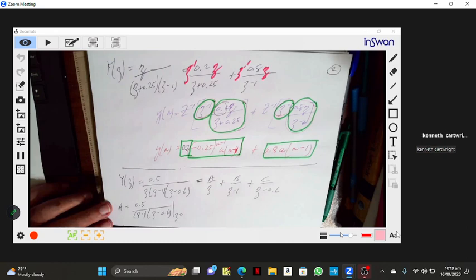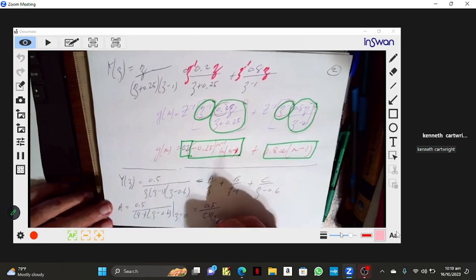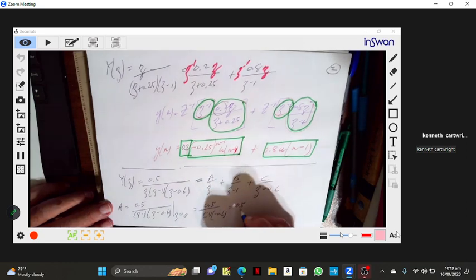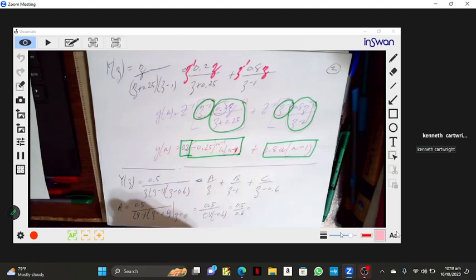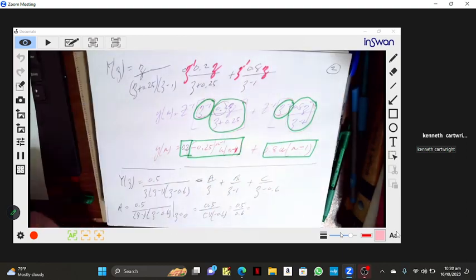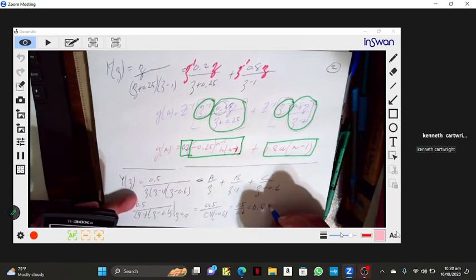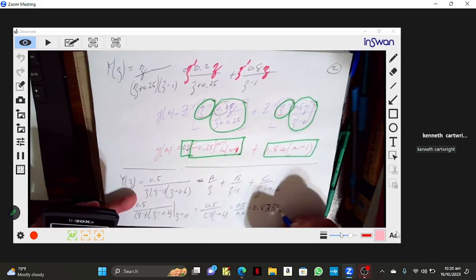C equals what? 0.5 divided by negative 1 times negative 0.6, which is 0.5 divided by 0.6. It's 0.8333.